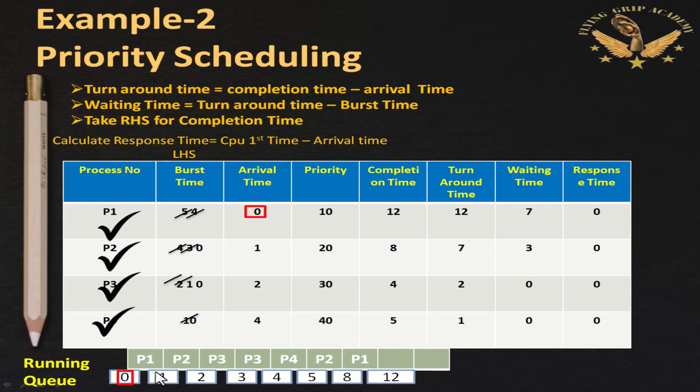Next P2 has arrived at 1, so 1 minus 1 is 0. Next P3 has arrived at 2, so 2 minus 2 is also 0. P4 has arrived at 4, so 4 minus 4 is 0. So finally we have completed the waiting time, response time, and turnaround time.